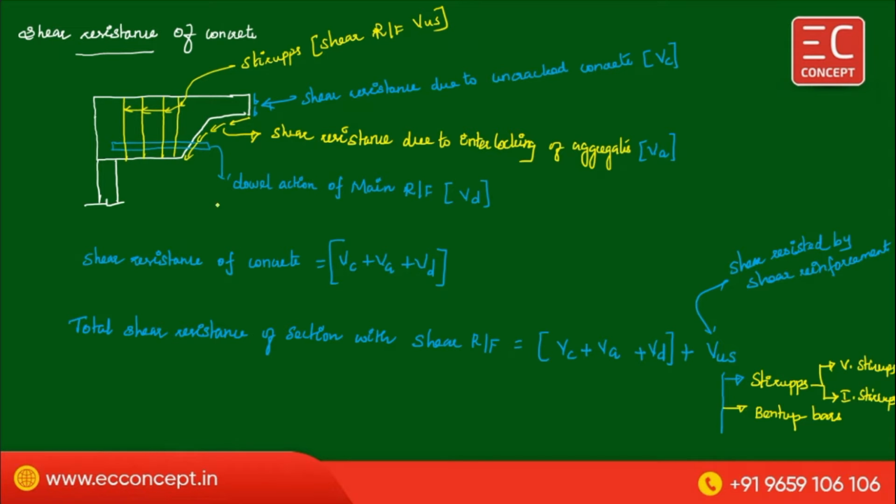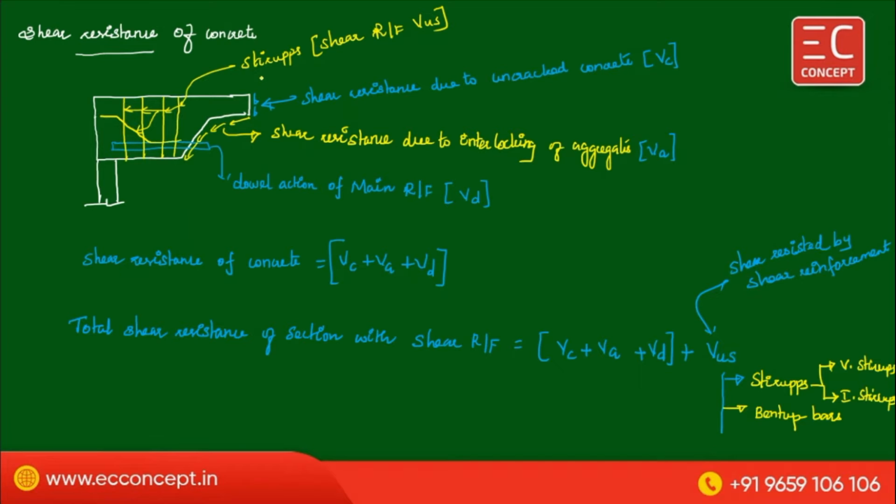So the shear is resisted by stirrups as well as bent up bars, if there are any. The bent up bars go something like that. This also comes under shear reinforcement.